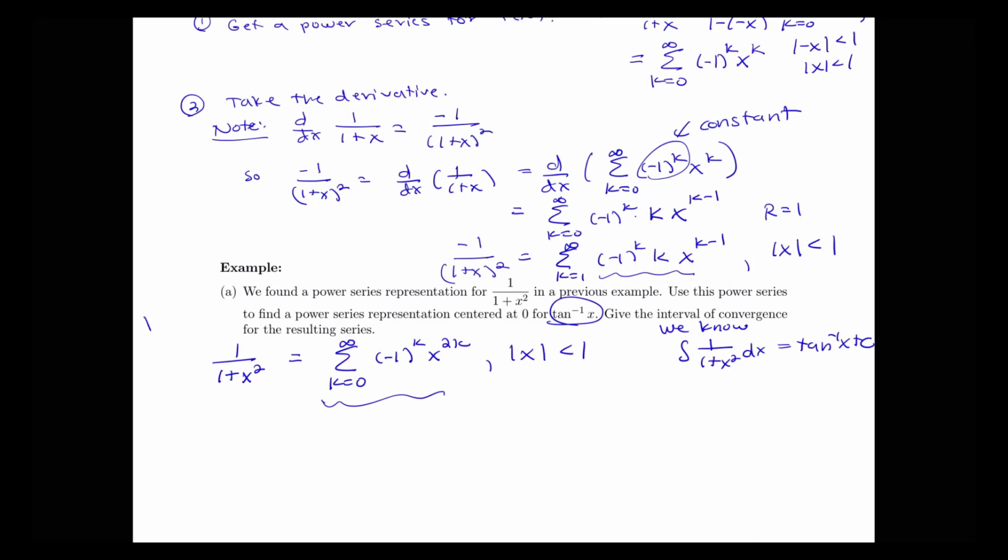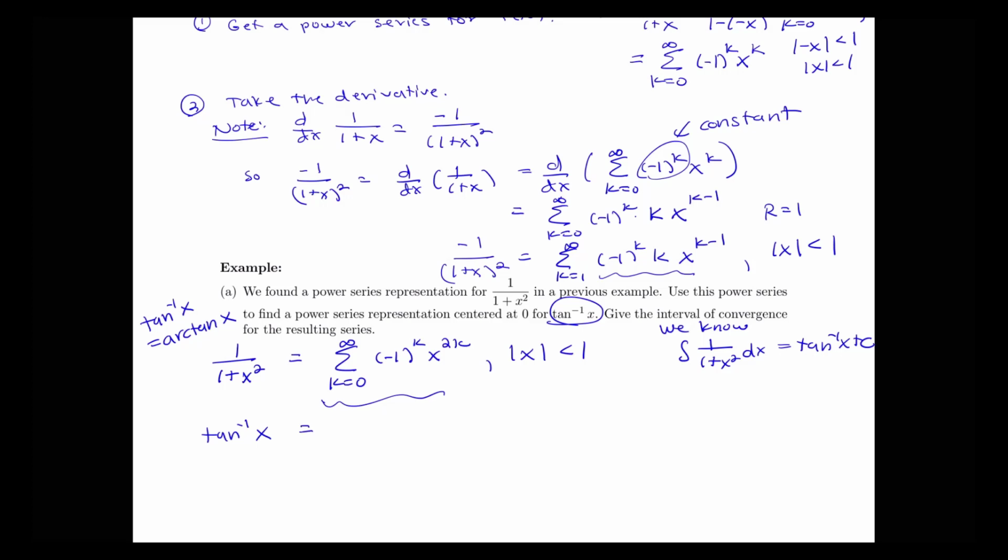Remember, I often will use both notations. Tan inverse x is the same thing as arctan x. Okay. So taking the integral of both sides here, I'll have the integral of 1 over 1 plus x squared is my tan inverse x. I guess I'll go ahead and use that notation here.